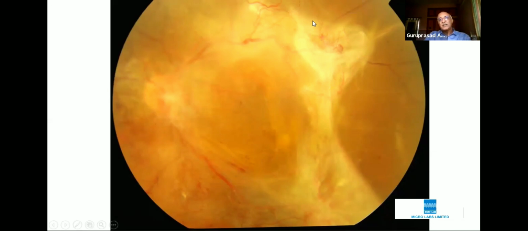It fans out along the superior temporal arcade to about 4 to 6 disc areas in size and about 6 to 8 disc areas in size inferiorly. There is a bridge of fibrous tissue between the two complexes of fibrous tissue here, which is about 1 disc diameter in width. So this is the description of this area.